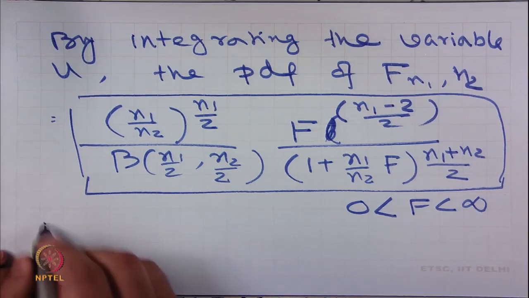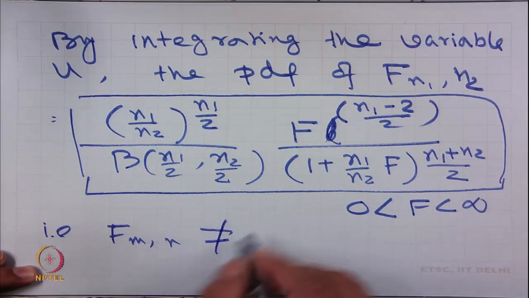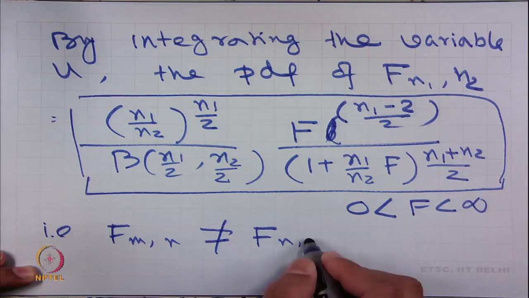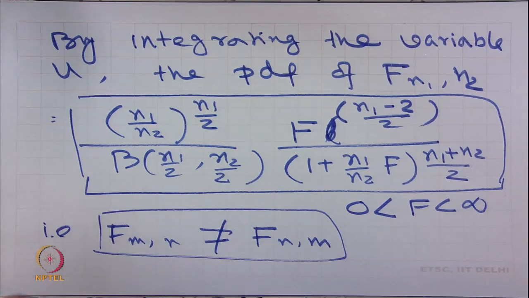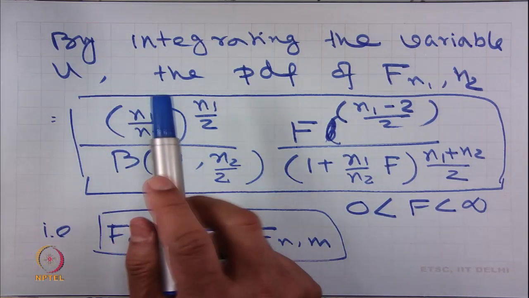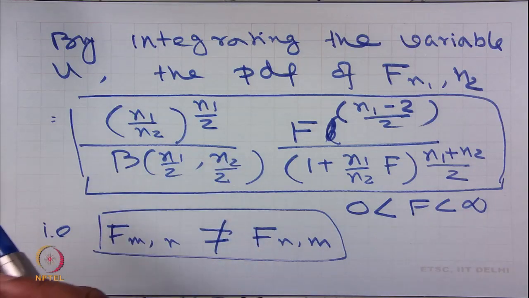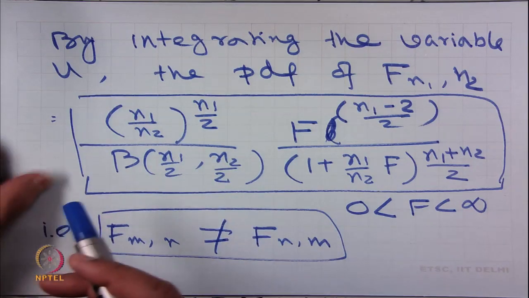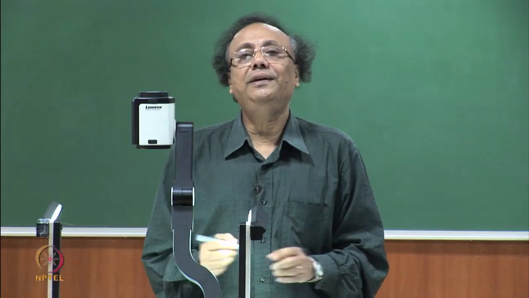That is, F of m, n is not equal to F of n, m, because F is the ratio of two chi-squared. So, depending upon the chi-square in the numerator and the chi-square in the denominator, the PDF of these will change.